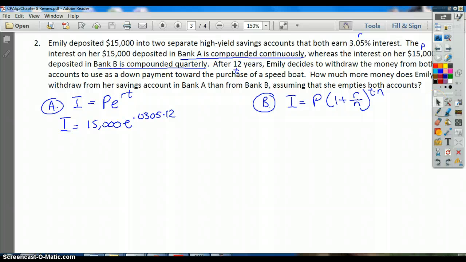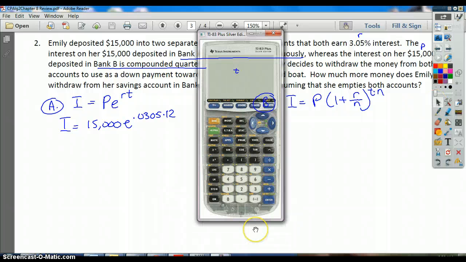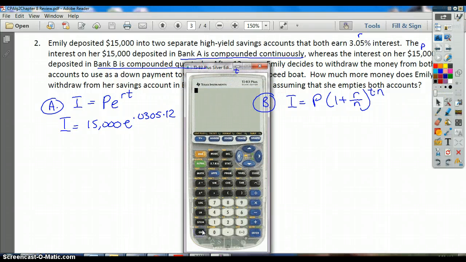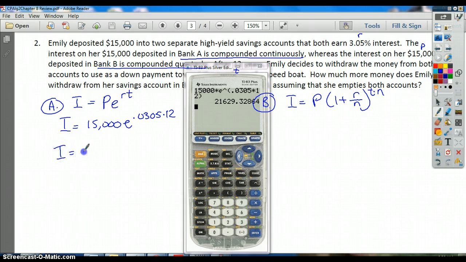This is pretty much a straight punch it in the calculator and record the answer problem. So I got 15,000 times e to the 0.0305 times 12. Gotta make sure that's all in parentheses. So I'm looking at approximately 21,000.